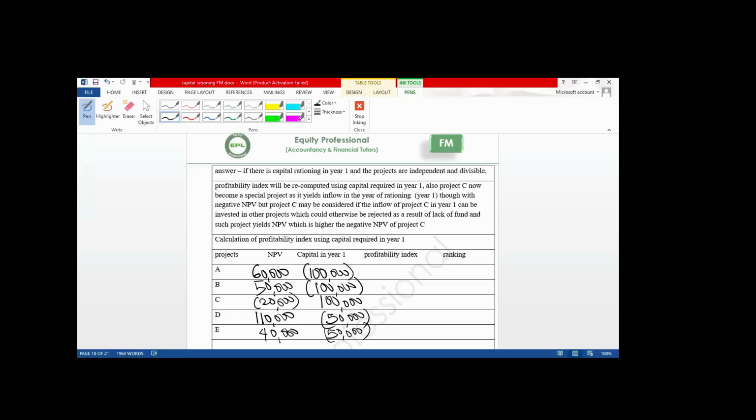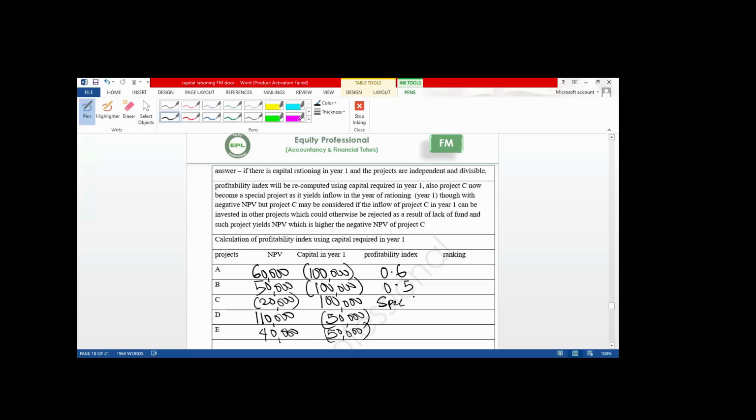Now calculate your profitability index. 60 divided by 100, 0.6. 50 divided by 100, 0.5. Project A, don't calculate anything.